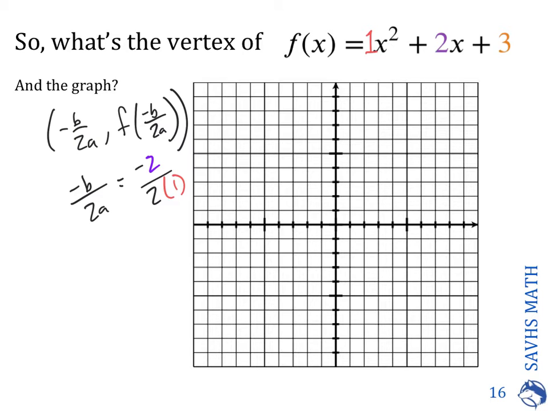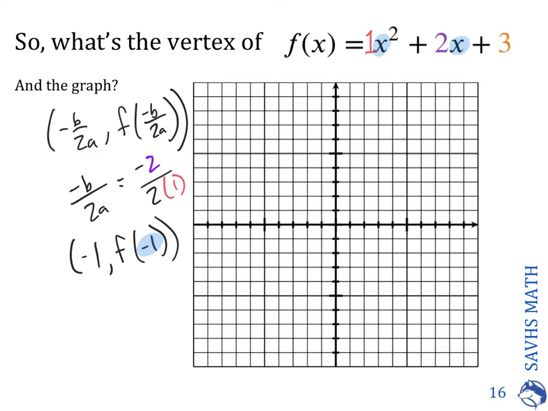So my vertex has the x value of negative 1. My vertex has the y value f of negative 1. What that says is take that negative 1 and put it in for x right here and here.